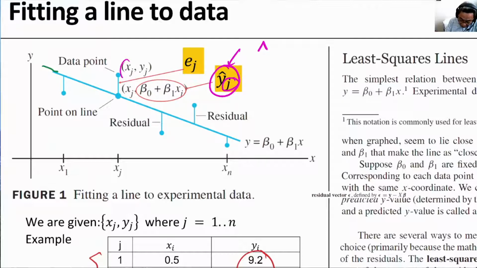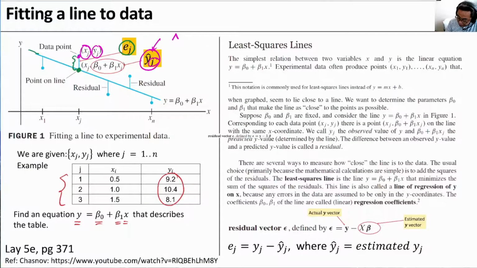So if this is x of j and this is y of j, then this is the actual point. Now I use green for the predicted point. Maybe I choose a different color. This is the predicted point. And then what is the difference? It's called the error or the residual at point j, e of j.